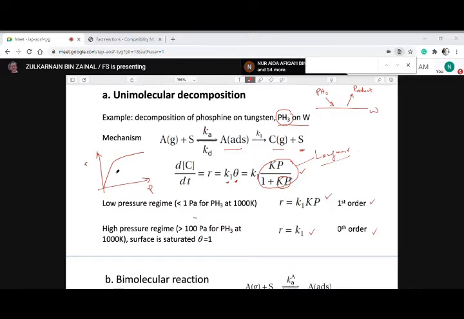This is where it is first order, and this is where it is zero order. So as the pressure increases, it becomes zero order.